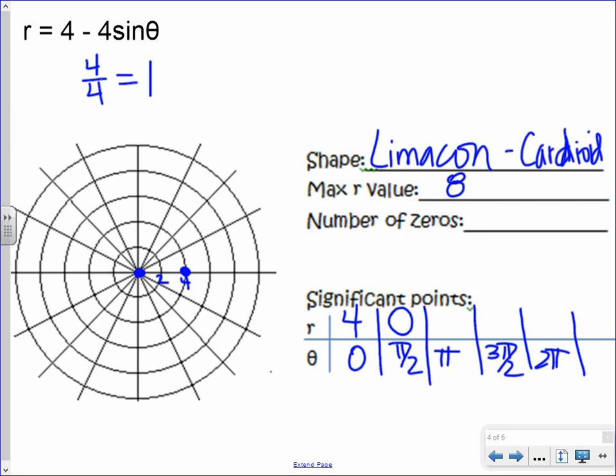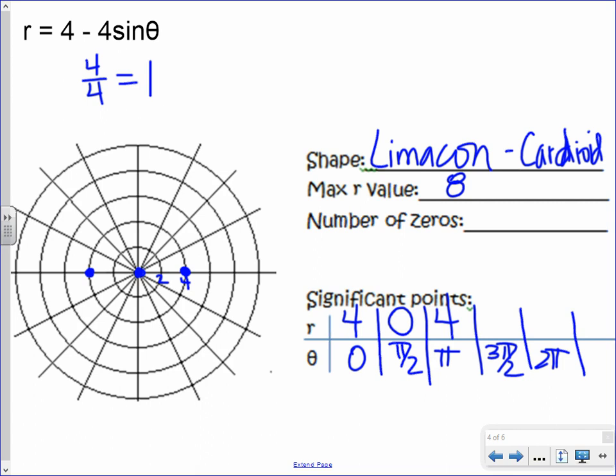When you are graphing a cardioid, one of your 5 significant points should be R equals 0. Pi. What is the sine of pi? 0. So 4 minus 4 times 0. We have another 4. So at pi, we're going to go out 4.